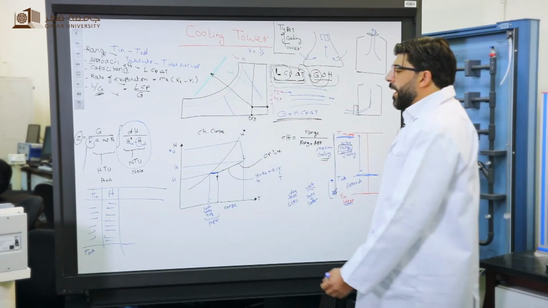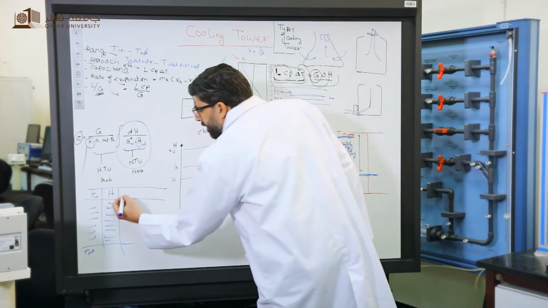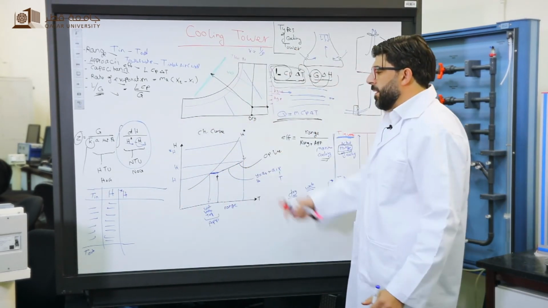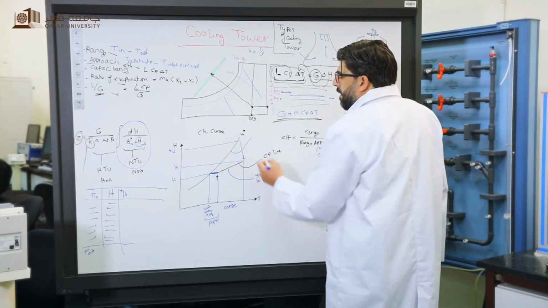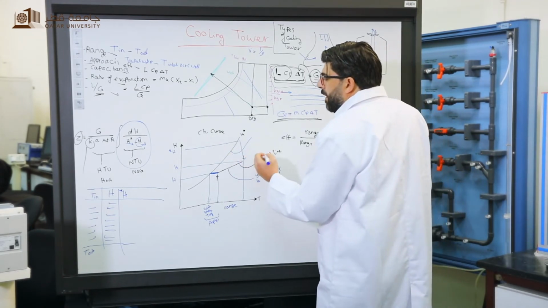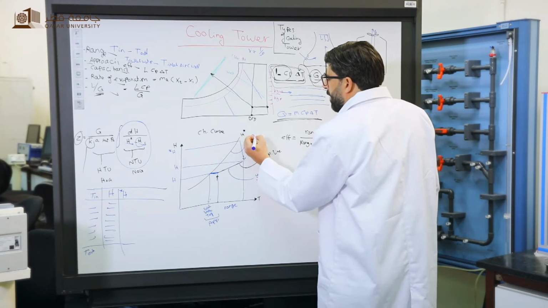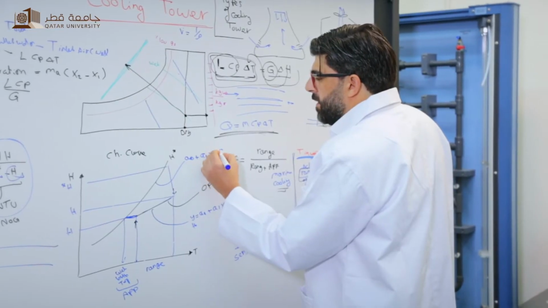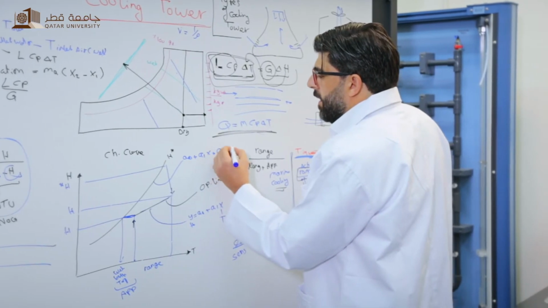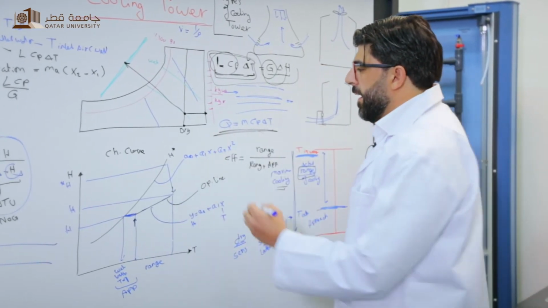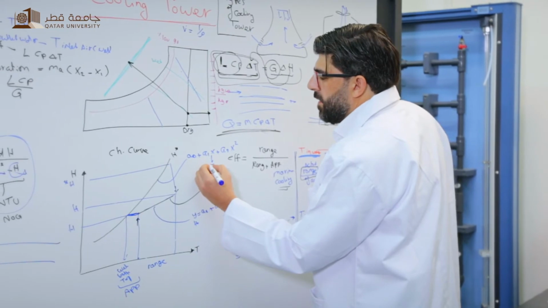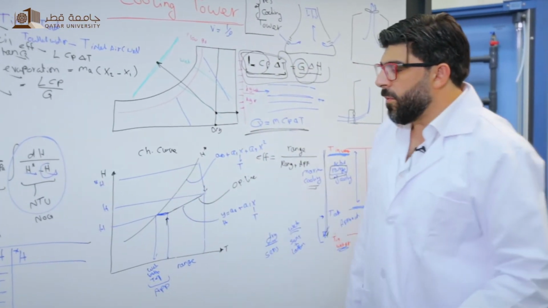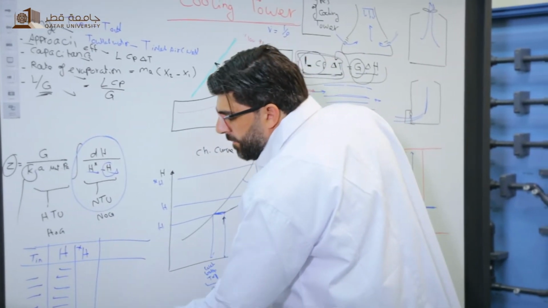Similarly, you can find H star using the equilibrium line. This line is a second order polynomial: a0 plus a1x plus a2x squared, where x again is the temperature. So you can use the temperature in the equation of the equilibrium line to find H star.